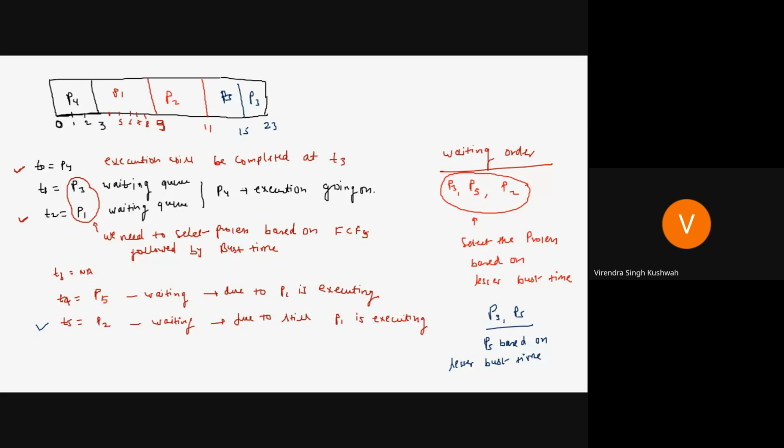Is it clear to everyone, or does anyone need to ask any question? Then we have a very interesting point over here in the next slide. If this point is clear, then we have the next very interesting point.